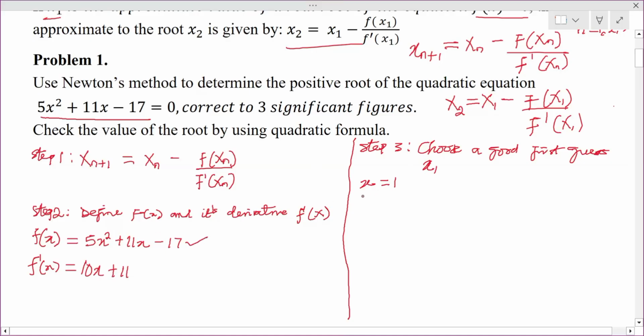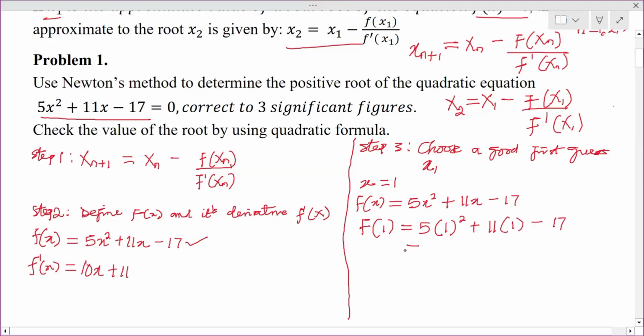So if x is equal to 1, I have f of x equal to 5x squared plus 11x minus 17. So f of 1 equal to 5 into 1 all squared plus 11 into 1, then minus 17.